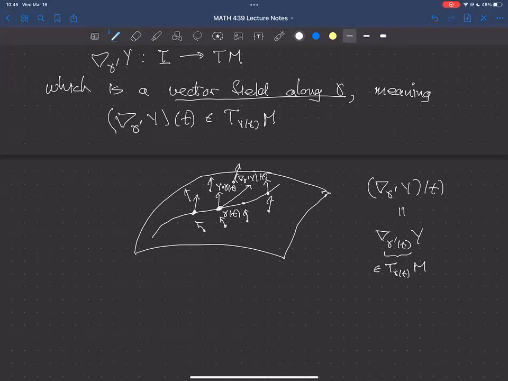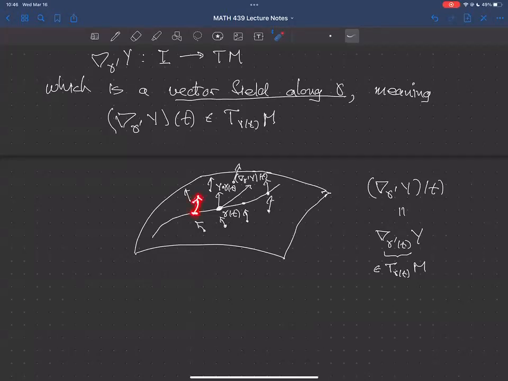Can you see it first of all? Probably you can see it easier than I can because it's blown up on the screen. So the idea is that along this curve gamma, I have two collections of tangent vectors at every point.